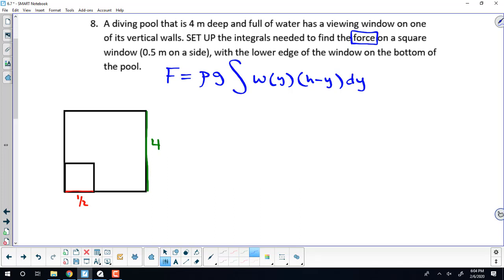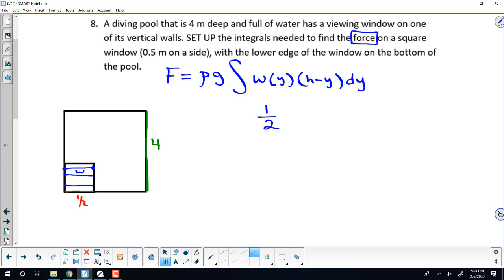Since we want to determine the force on the face of this viewing window, we're only going to fill that up with our rectangles. So our rectangles are through here. We've got to measure the width of the rectangle. So the width of our rectangles is 1/2. Does that make sense? We're not measuring the force on the entire face of the pool, just of the viewing window. So that's why our rectangles are that way.